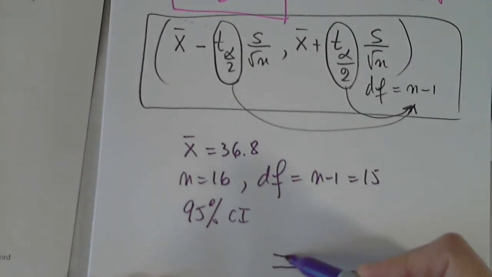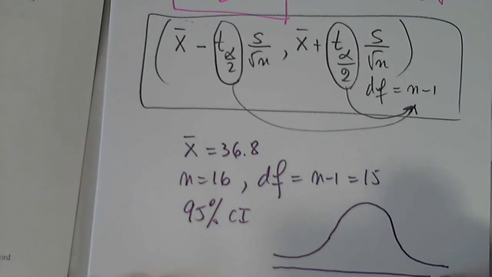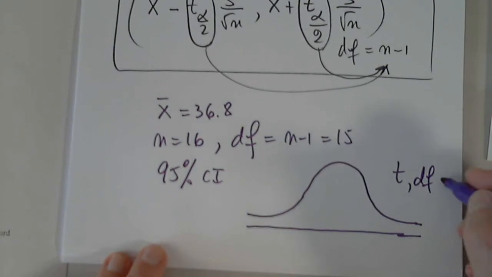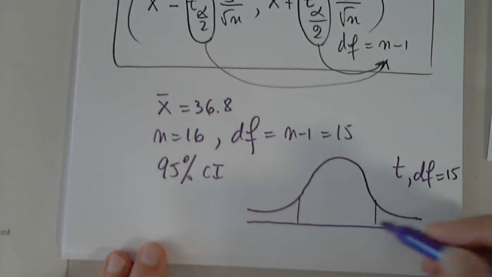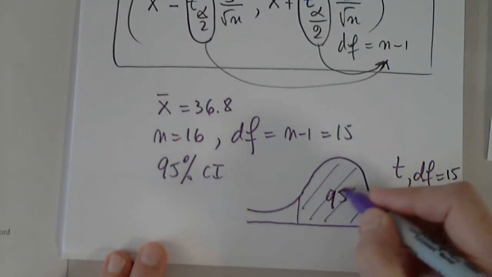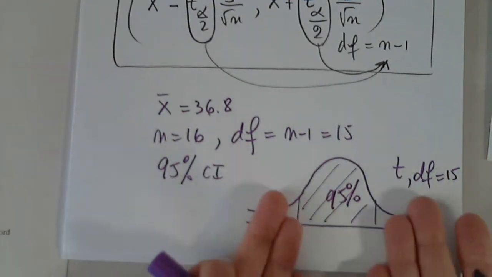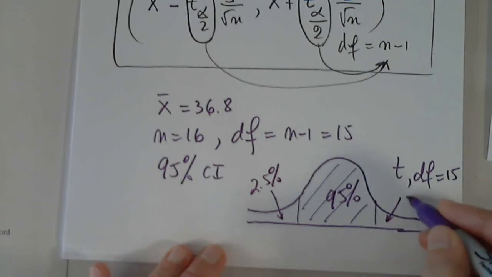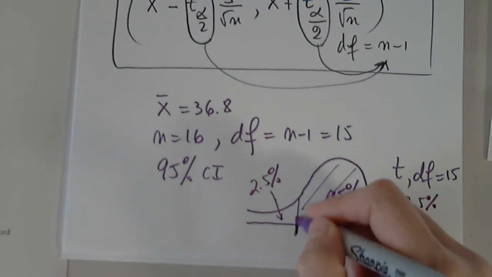I'm going to graph it a little bit thicker in the tails because we are talking about t. So this is the t distribution, characterized only by degrees of freedom, nothing else. This is 95%. Obviously, this is 5% in both tails, divided by 2, 2.5% and 2.5%. And I need to determine this t.